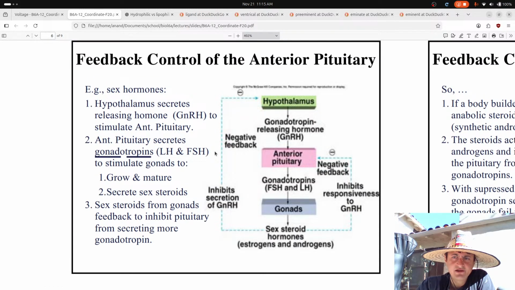Feedback control of the anterior pituitary. For example, sex hormones. The hypothalamus secretes releasing hormone to stimulate the anterior pituitary. Oh, here we go. Gonadotropin releasing hormone. The anterior pituitary then secretes gonadotropins, luteinizing hormone, and that other one, to stimulate gonads to grow and mature, and to secrete sex steroids.